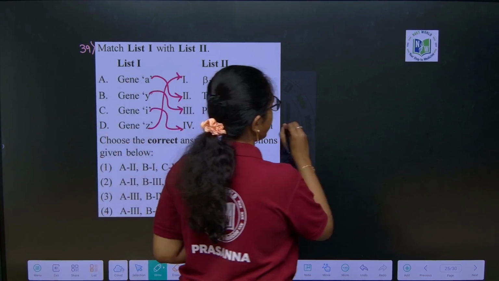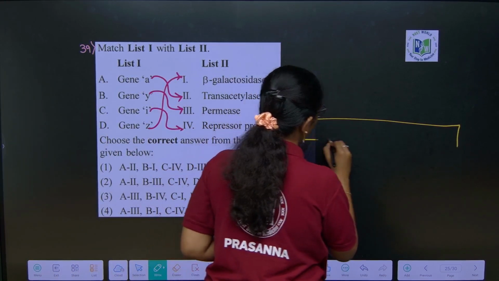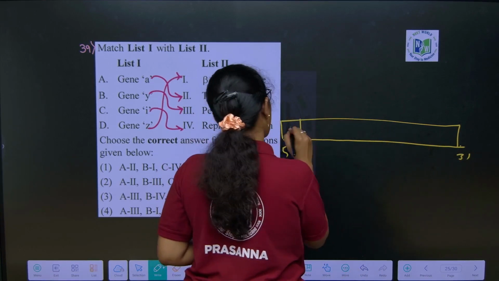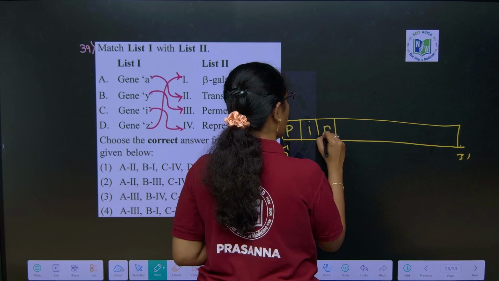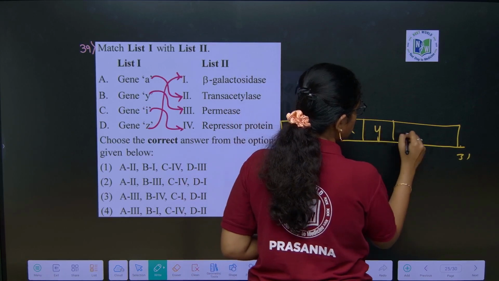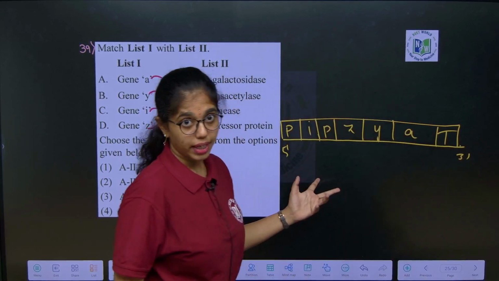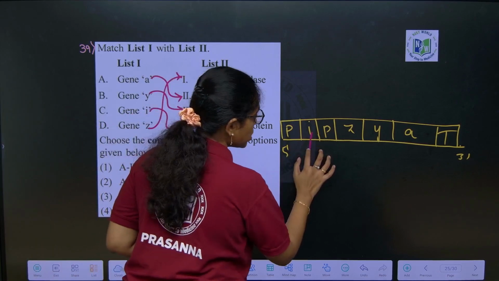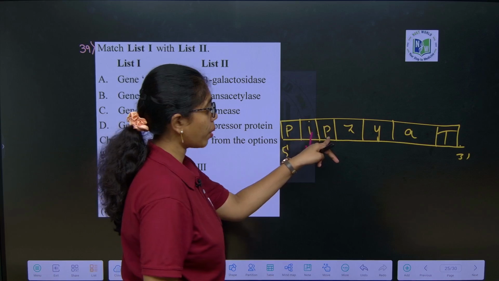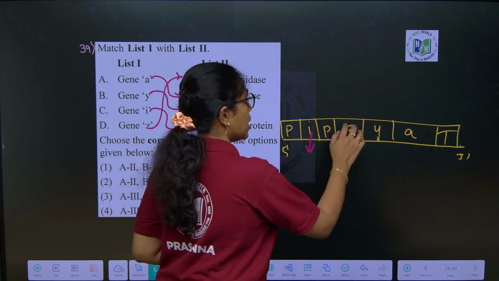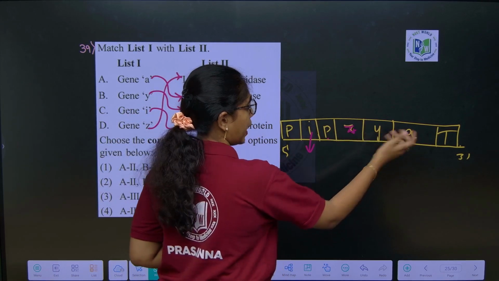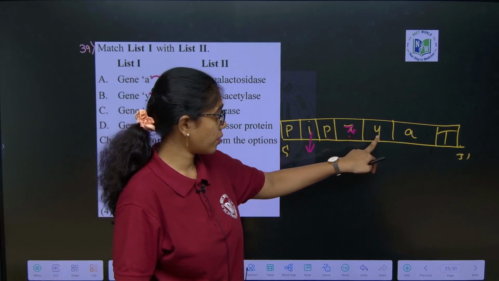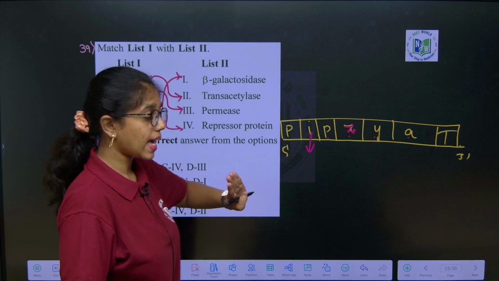Quickly take down the structure of the lac operon model from 5 prime to 3 prime end, where you have the promoter, I gene followed by promoter, 3 structural genes and lastly terminator. First, the I gene will release the repressor. At the promoter region, RNA polymerase will bind to the Z, Y, A genes. Z is coding for beta galactosidase, Y for permease and A for trans-acetylase.